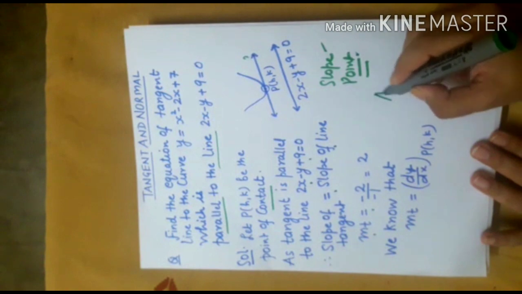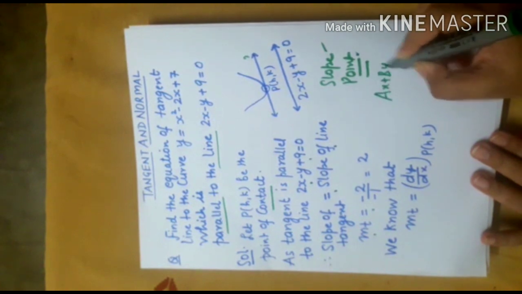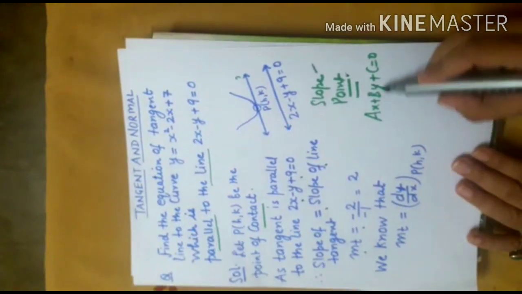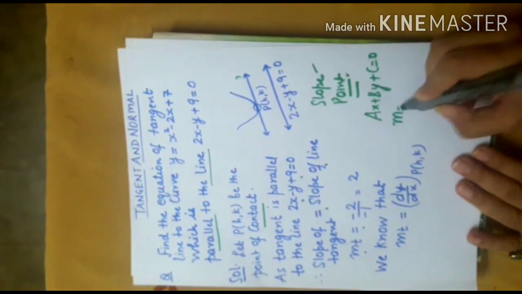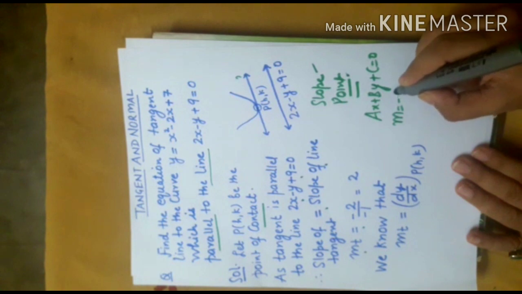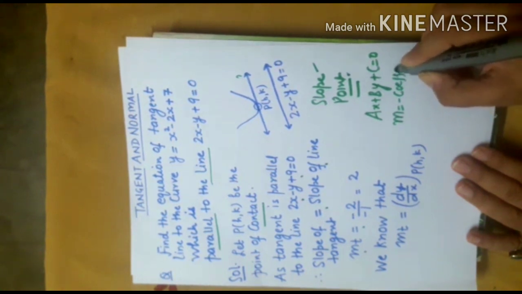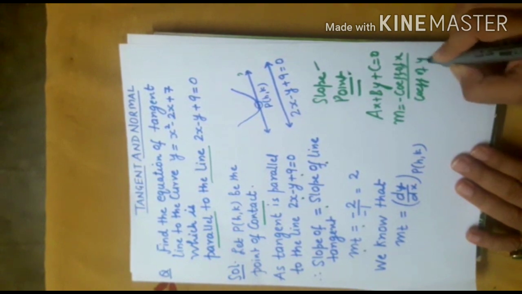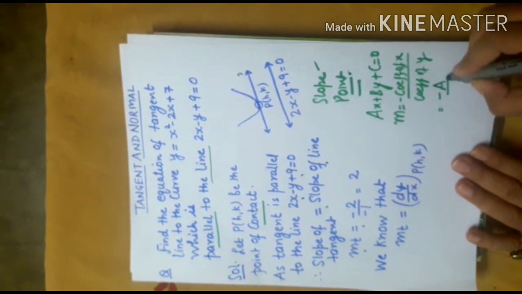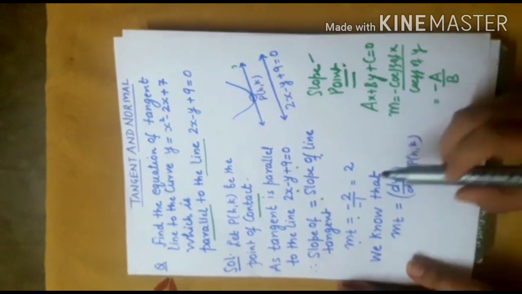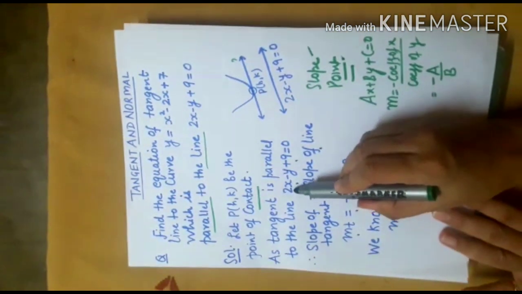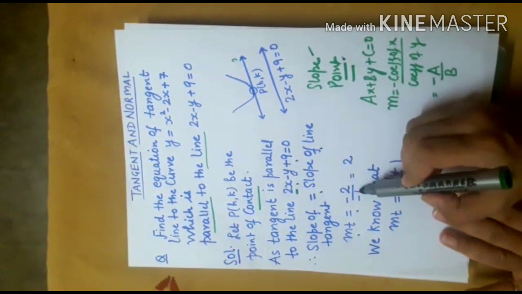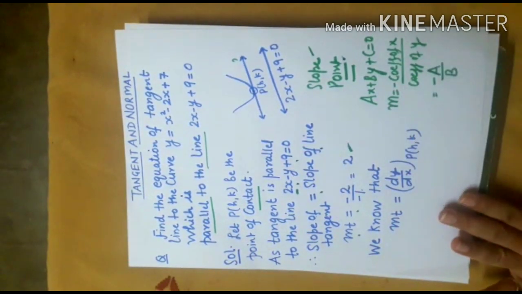Yes. In class 11th, we learned that if the equation of the line is this, then its slope is given by minus coefficient of x divided by coefficient of y. That is minus a over b. So here coefficient of x is 2. So minus 2 over coefficient of y, which is minus 1. It's 2.